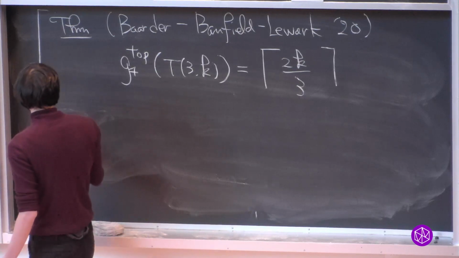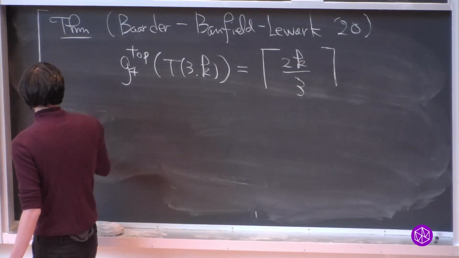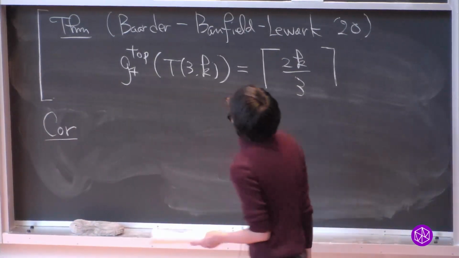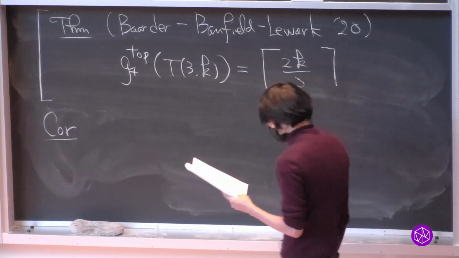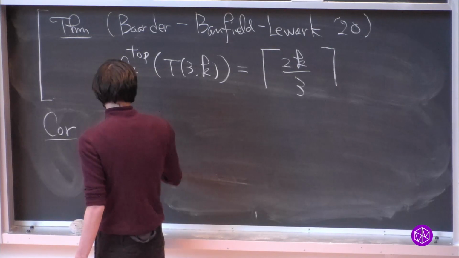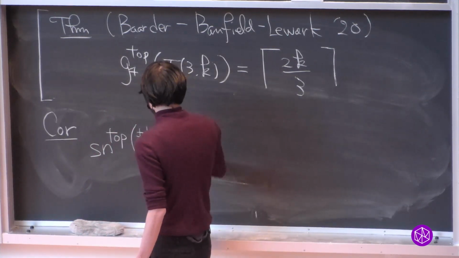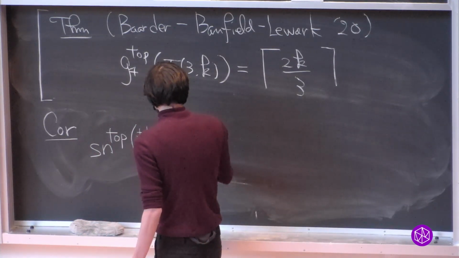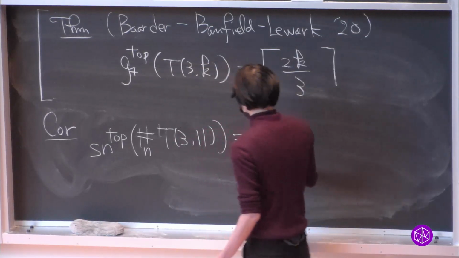So by just combining these two results, we can determine the topological four-genus for, for example, the connected sum of T(3,11) knots. It is equal to 8m.